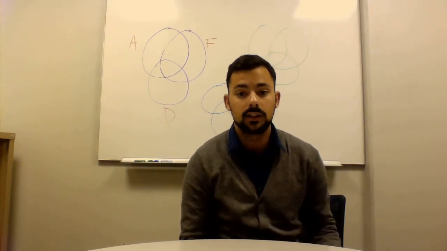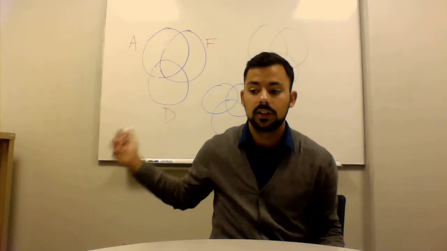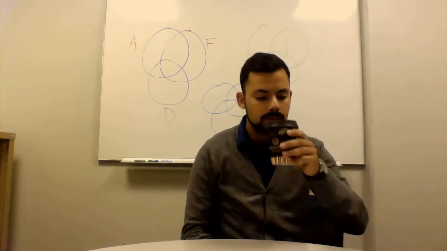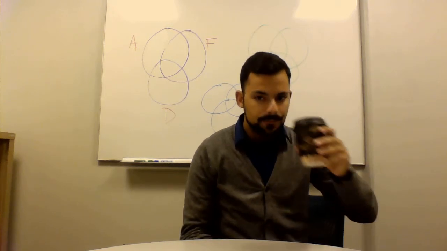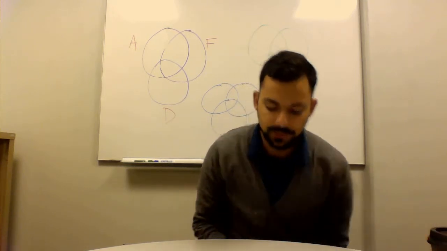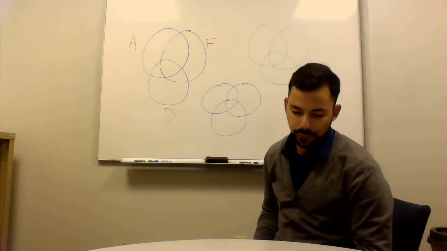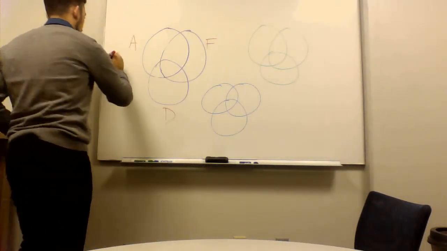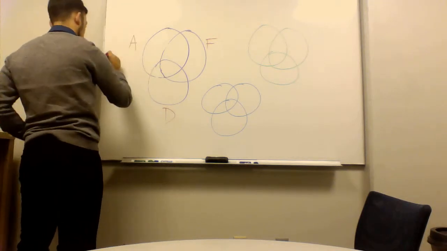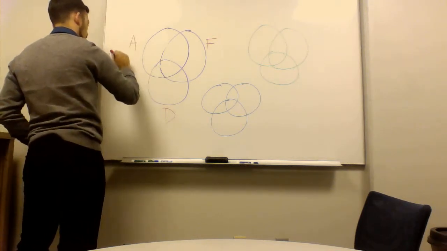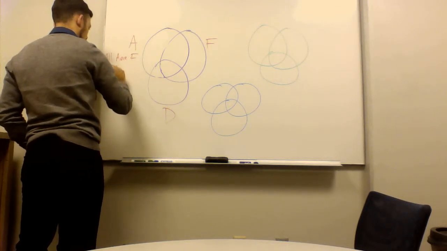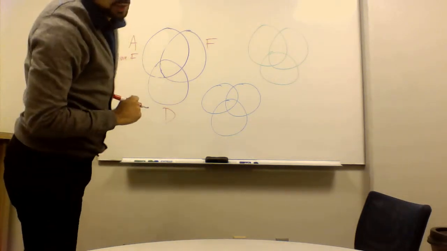To give me a proper answer, you're going to have to know how to diagram this. So let's go ahead and diagram this. All apples are fruits. Let's write this up: all A are F. What's the next one? All F are D.